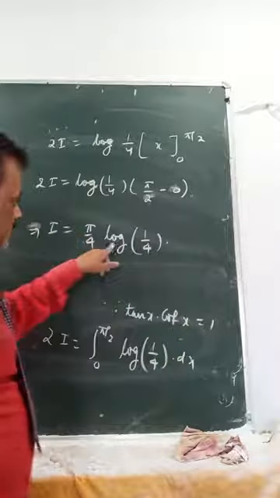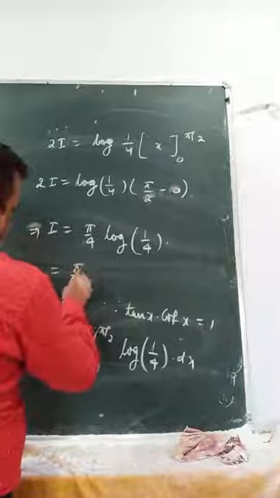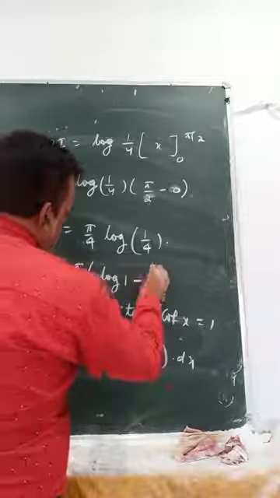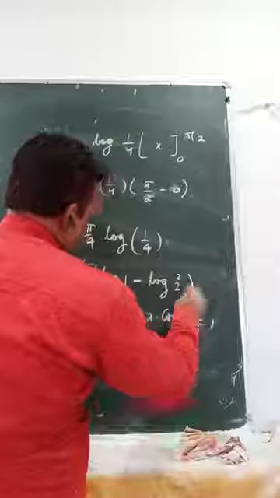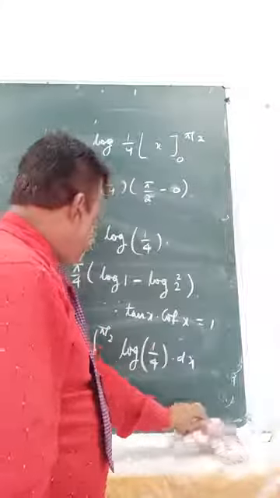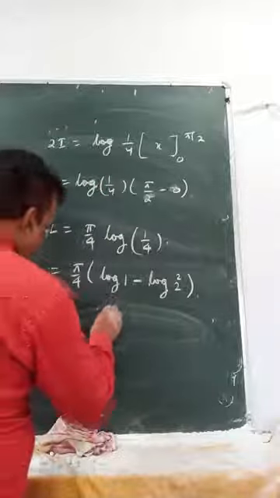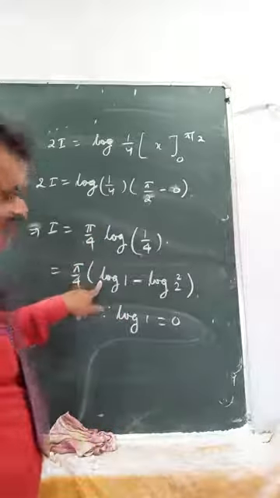Okay, here you need to simplify. So pi by 4 (log 1 minus log 4). 4 I can write as 2 square. Log a by b is log a minus log b. Since log 1 equals 0, it is 0 here.